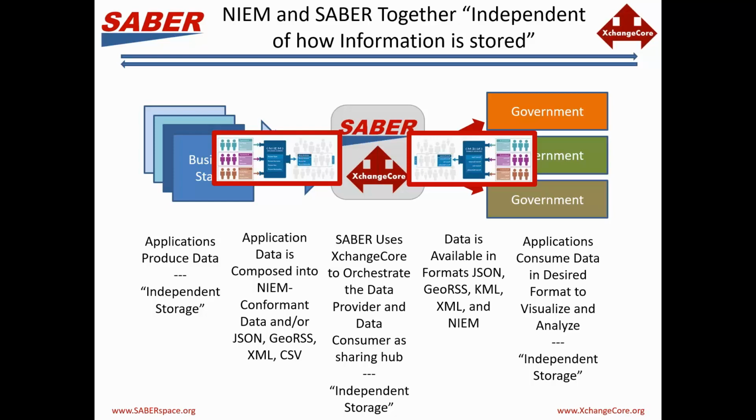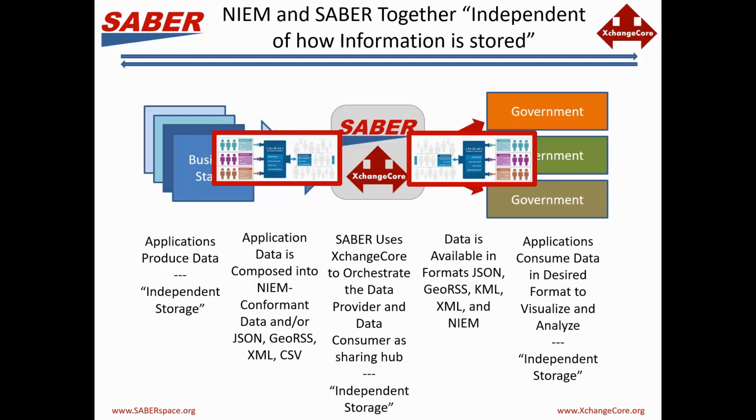But that allows us to then, in the next step, on the second from the right, expose that data out of XchangeCore and say, you know what? If you want it in a JSON format, you got it. We have made and orchestrated all the words and all the different dictionaries together so that when you get it in a JSON format, you're going to be able to interpret what it is, or an RSS, or now NIEM.